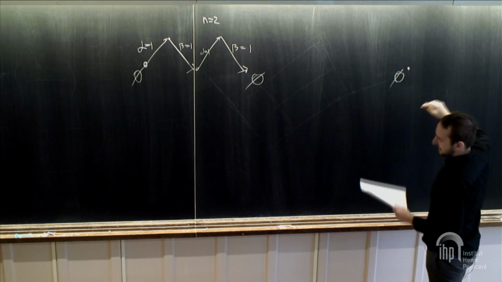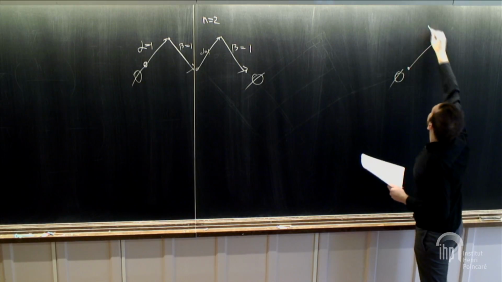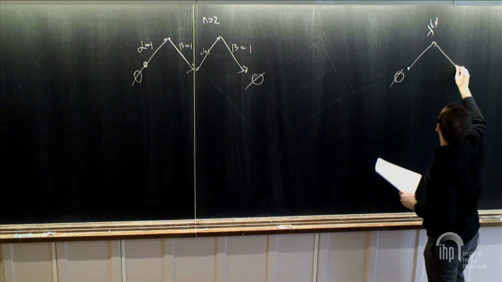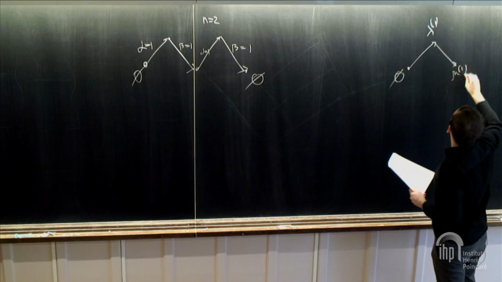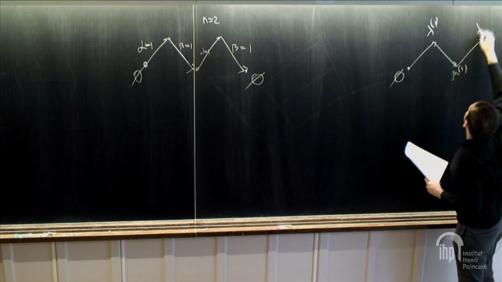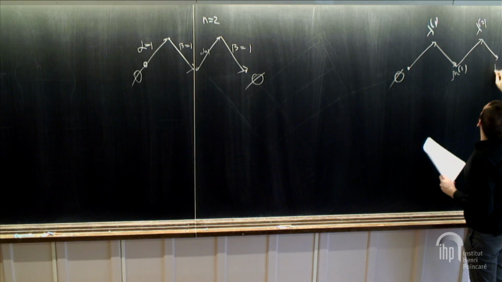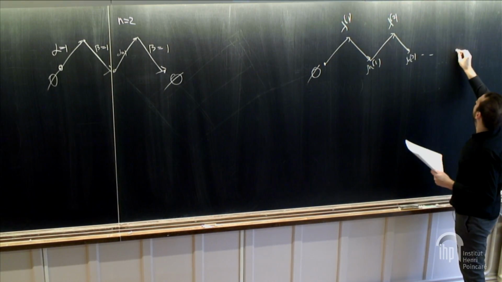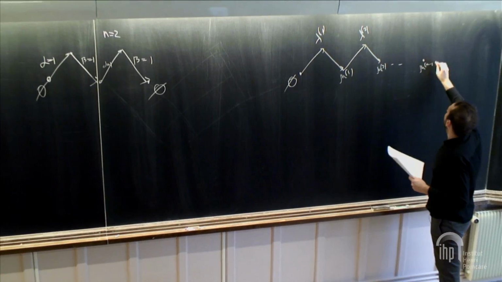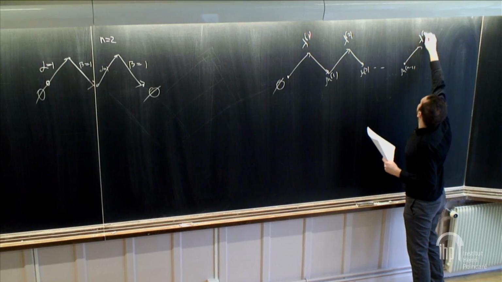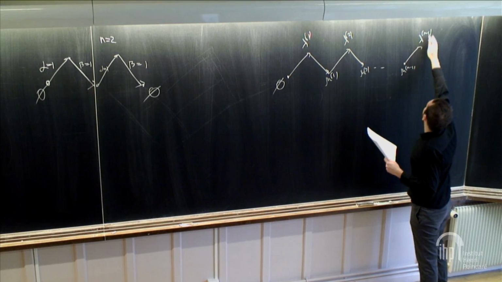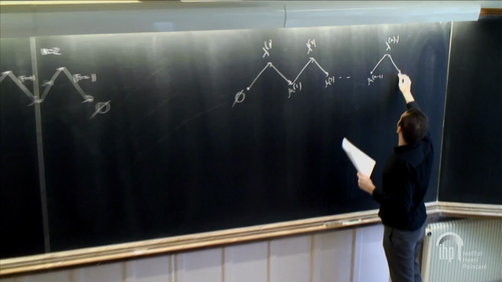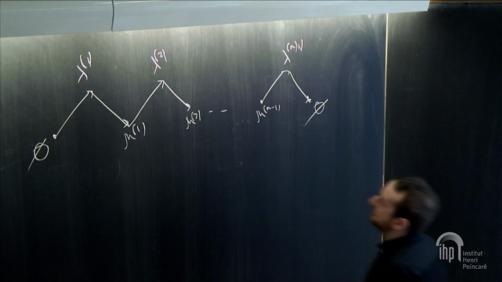So you have the empty set. Then you have Young diagram lambda 1, then Young diagram mu 1, then Young diagram lambda 2, Young diagram mu 2, etc., up to Young diagram mu n minus 1, Young diagram lambda n, and then it ends with the empty Young diagram.